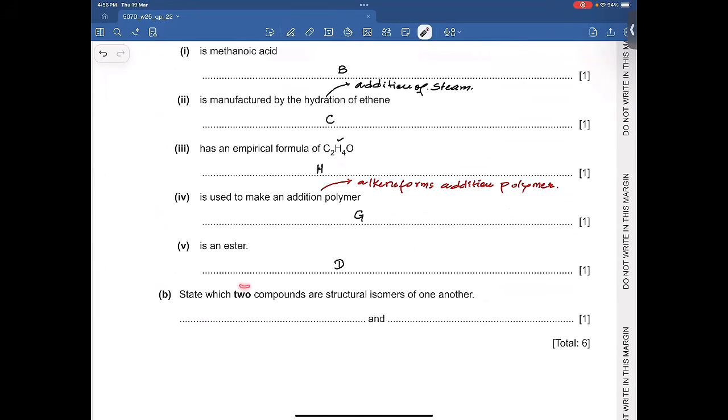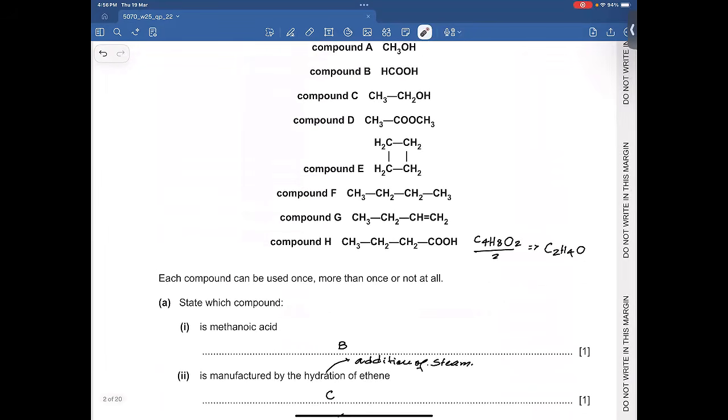Next, state two compounds that are structural isomers of one another. That's very easy. By the way, this is butene, which has a molecular formula of C4H8. This is cyclobutane, which has a molecular formula of C4H8. So both compounds have the same molecular formula, but different structural formula, which is why both of them are structural isomers of each other, or generally speaking, isomers of each other.